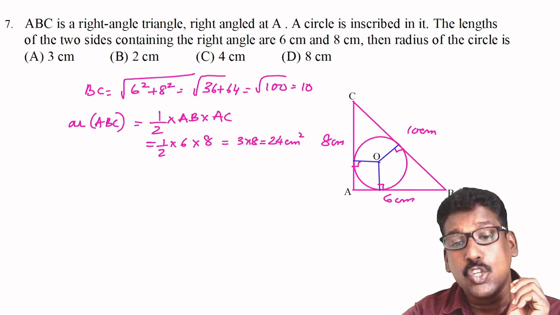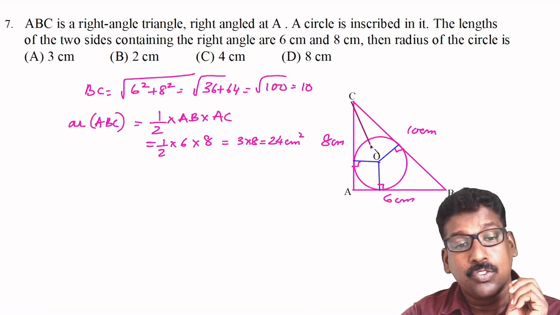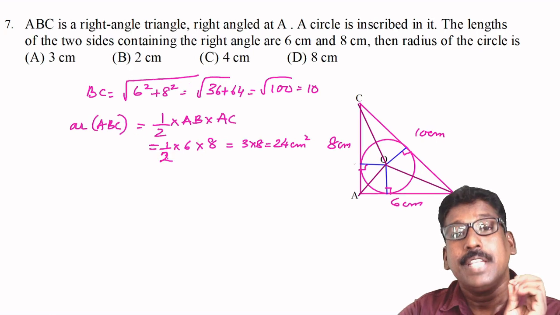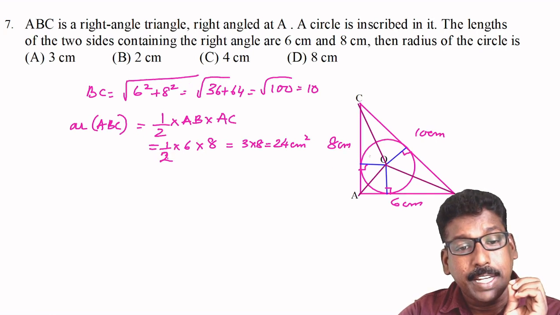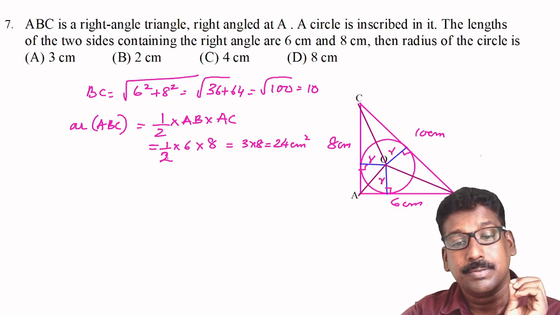Now let me join OC, OA and OB. Now let me take this radius as R. The radius is equal to R.